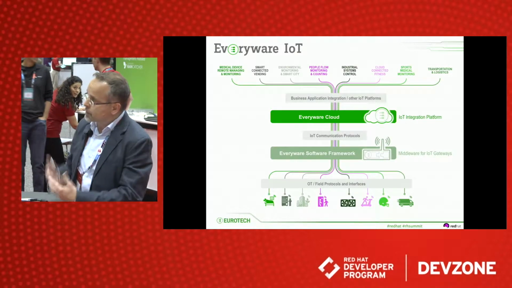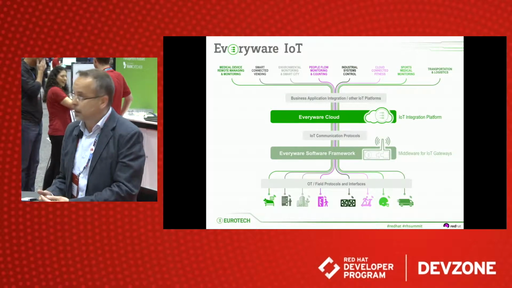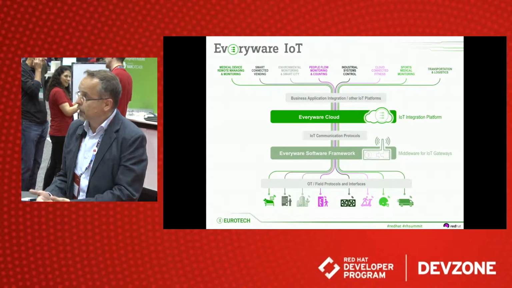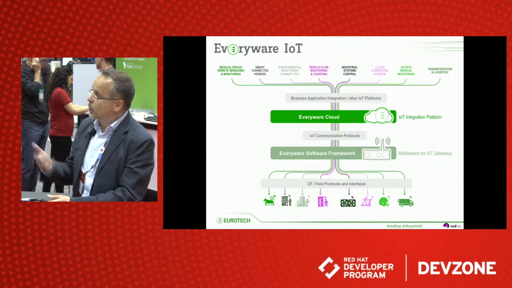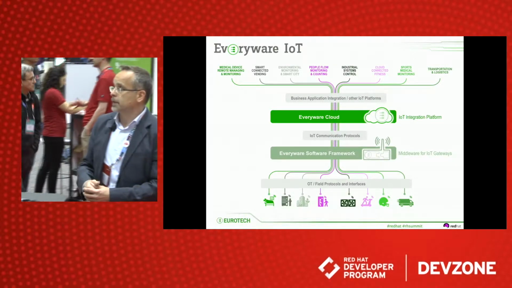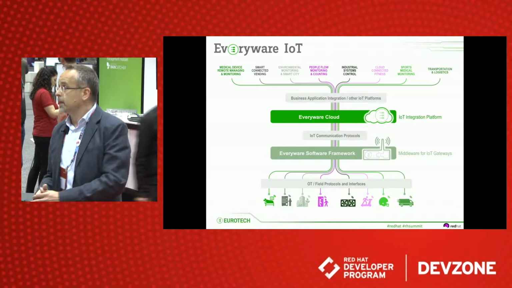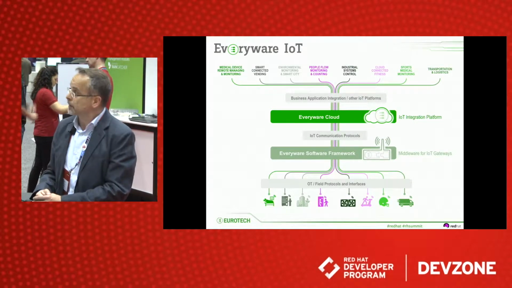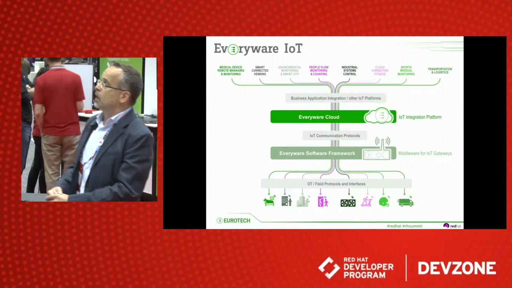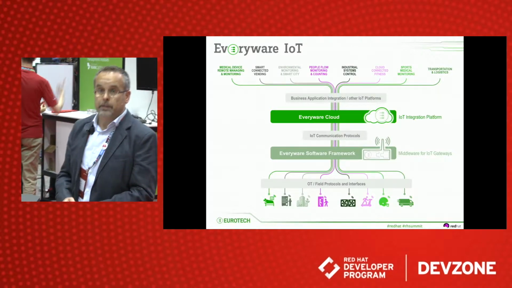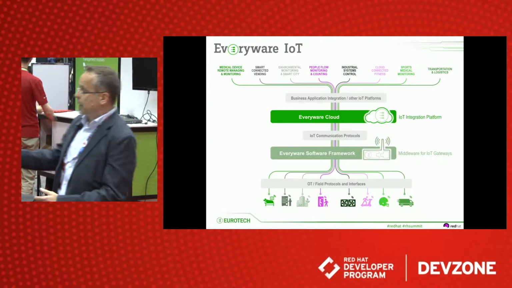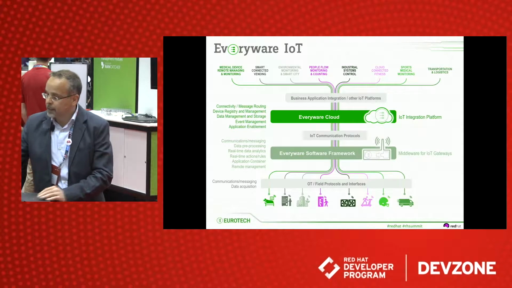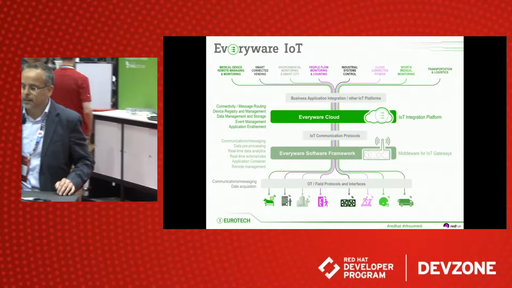In the middle you can see the Everyware Software Framework, which is the Eurotech middleware for IoT gateways, and then Everyware Cloud, which is the Eurotech IoT integration platform that provides connectivity and integration to the IT part of the spectrum. On top you can see all the different business applications that can be connected through this architecture. And here are some of the details.